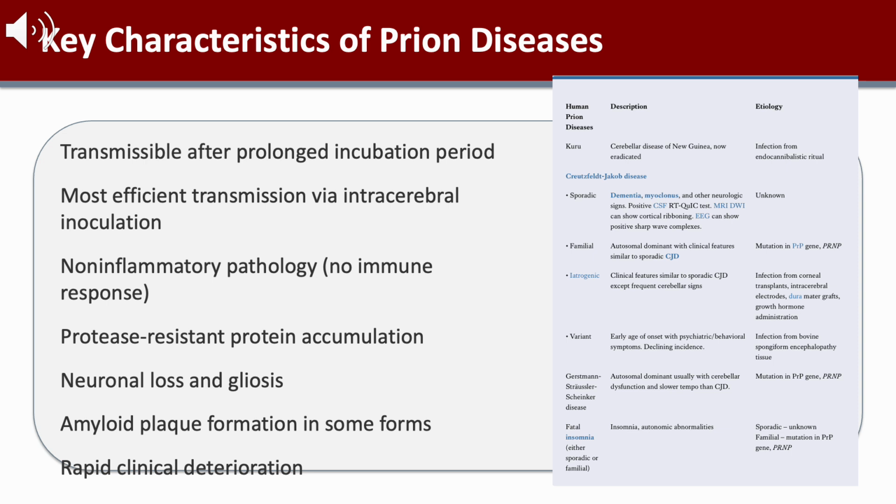Second, the pathology is non-inflammatory, which is unusual for a transmissible agent. There is minimal immune response despite the presence of abnormal protein. Third, the hallmark protein, PrPSc, is resistant to protease digestion, which is how we identify it in diagnostic testing. The disease causes progressive neuronal loss and gliosis, leading to the characteristic spongiform appearance.